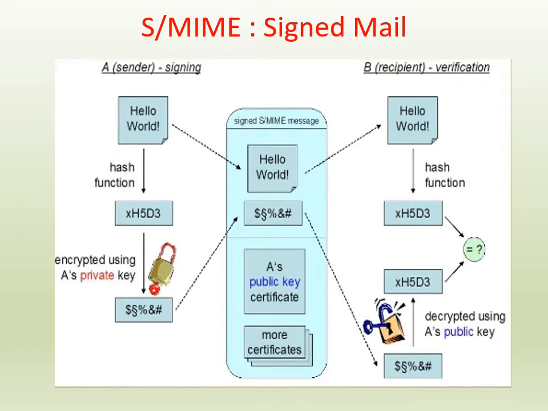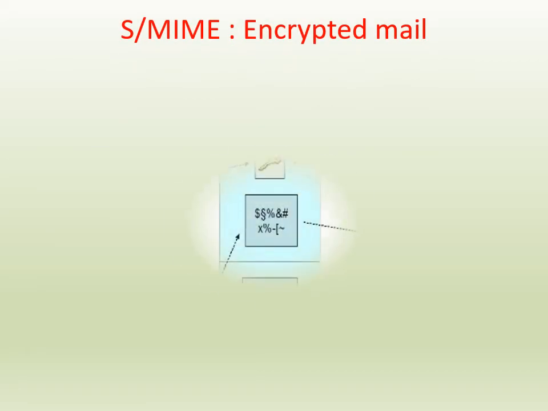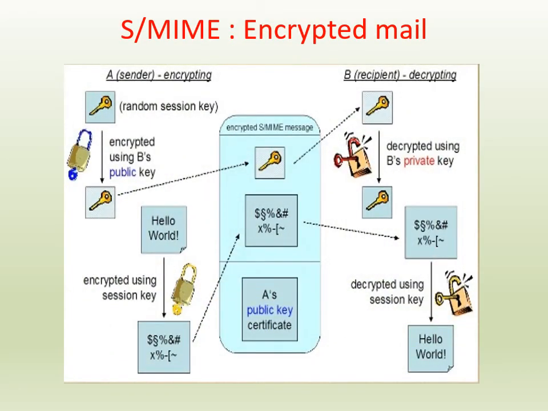Now, how are emails encrypted using S/MIME? In the case of encrypted mail, the sender uses a random session key, and then the session key is encrypted using B's public key.